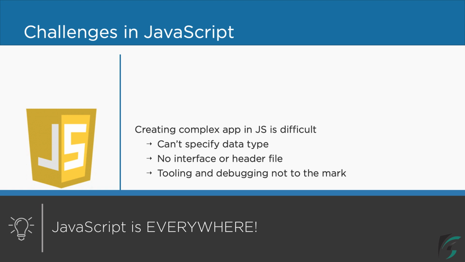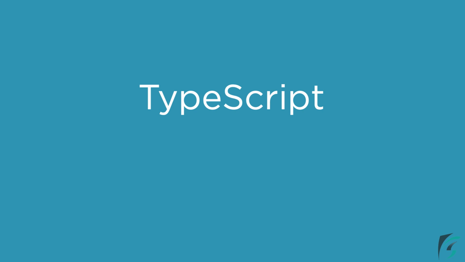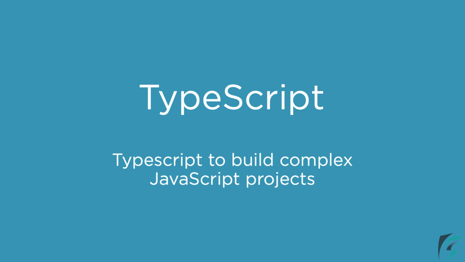There are so many design patterns, best practices, libraries, and third-party frameworks to support JavaScript. And on the other hand, we have TypeScript. TypeScript can help us to build complex JavaScript applications. Yes, you heard it right, JavaScript applications.